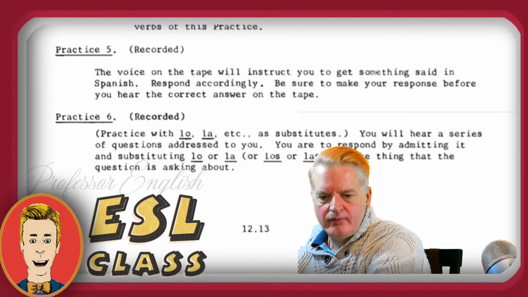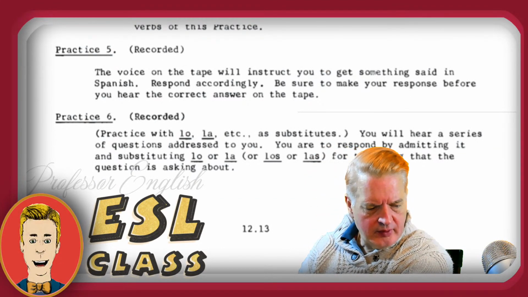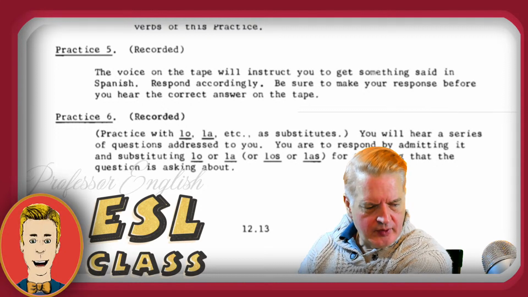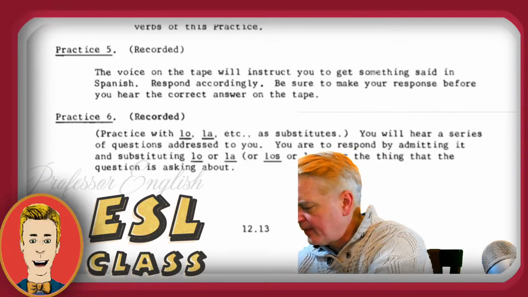Number 34. Tell me that you defended us. Nos defendí. Los defendí. Number 35. Tell me that you received us. I guess us meaning two people, not me. Los recibí.